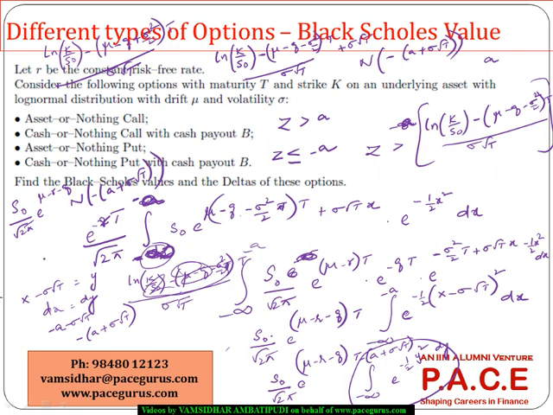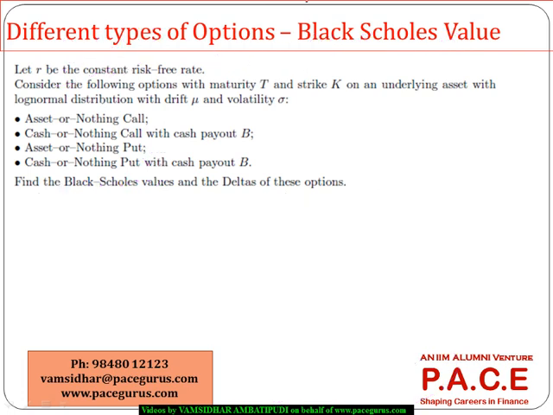So let me repeat the process again, just for an understanding purpose. If I am saying asset or nothing call, the payoff is going to be ST, which was asset is delivered, especially when ST is greater than K, 0 otherwise.